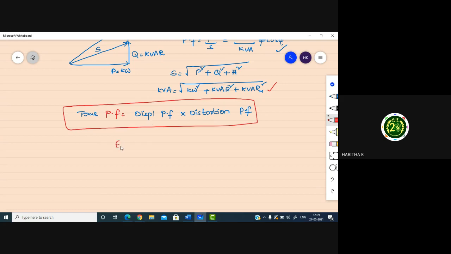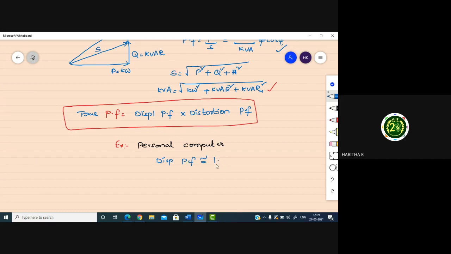Suppose you take a personal computer as an example, a load is a personal computer. For this, displacement power factor is approximately equal to unity.